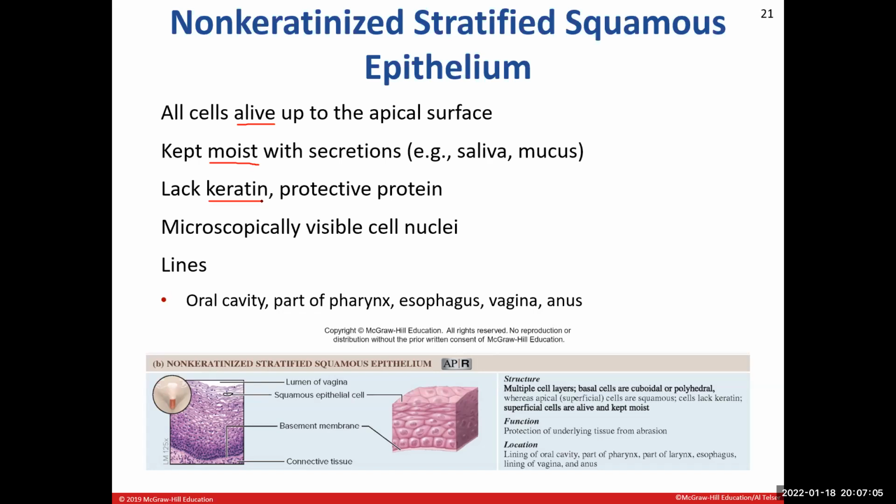Once the cell starts to create the keratin, it's going to start to die off. Pretty much every type of cell in your body has a nucleus. There are a few exceptions, which we will talk about.